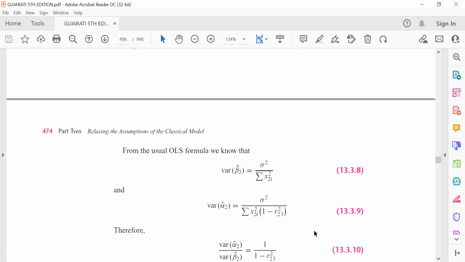If the parameters are not efficient, this means we have larger standard errors. If we have large standard errors, this means we have insignificant parameters.